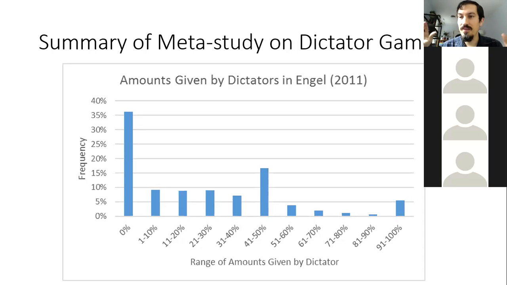Even when you take away all that scrutiny, people still give money in the dictator game at close to this amount. Of course, it varies from experiment to experiment. But I think it's safe to say that the assumption of pure self-interest has been rejected for a lot of people, for most people.